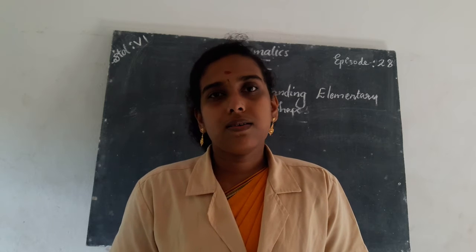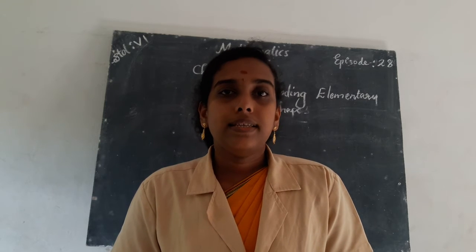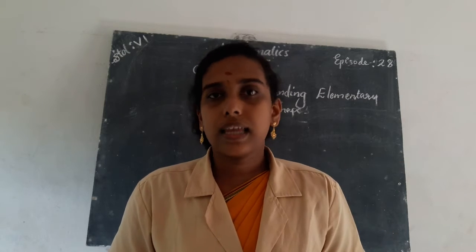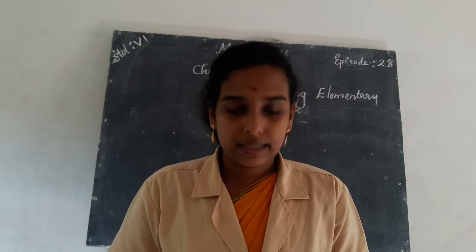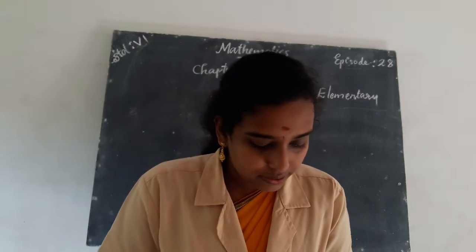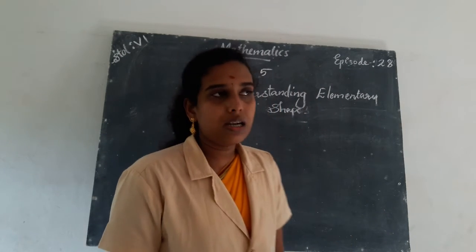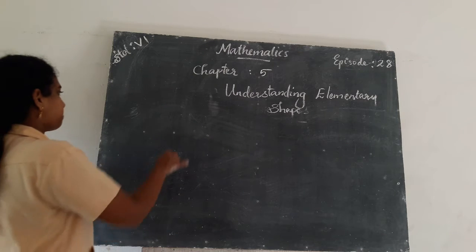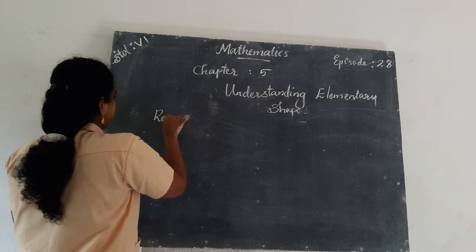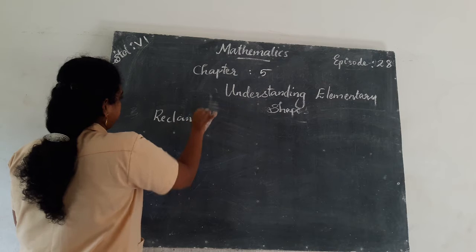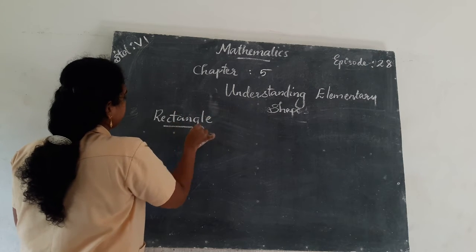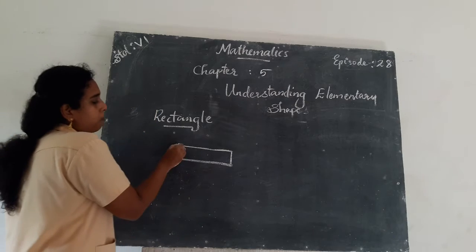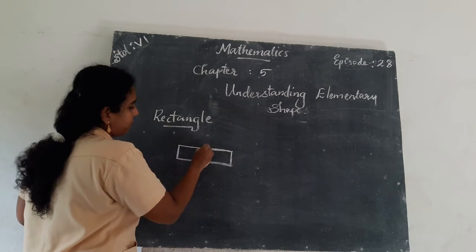A rectangle and a square have 4 sides, and in a square all 4 sides are equal, and in a rectangle the opposite sides are equal length. So, now we are going to study about rectangle, square and parallelogram. Okay. So, a rectangle means the opposite sides are of equal length.